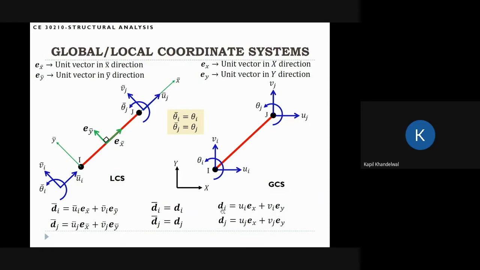Similarly, here we are representing the displacement at the I node in vector form, but using the global basis. Global basis is Ex and Ey.